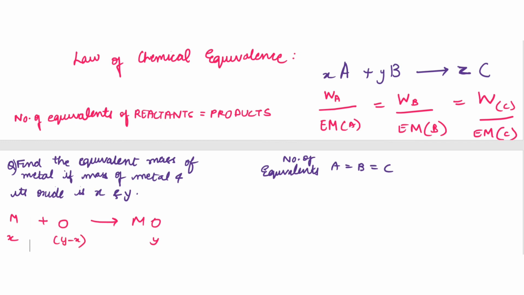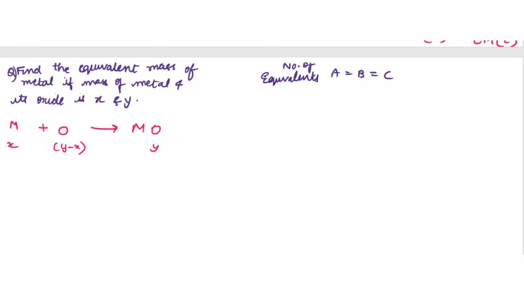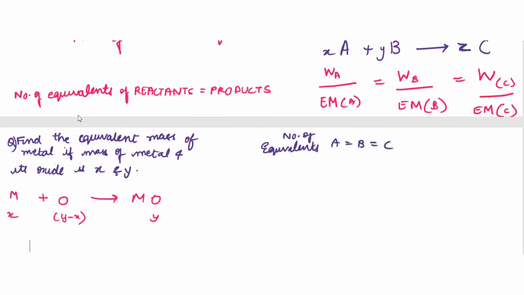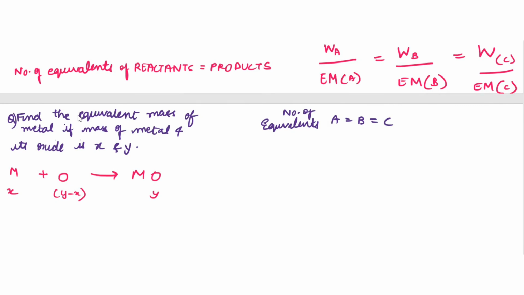So from this reaction we can say that the number of equivalents of M is equal to number of equivalents of O is equal to number of equivalents of metal oxide. So what is the formula of number of equivalents? Given mass by equivalent mass, isn't it?